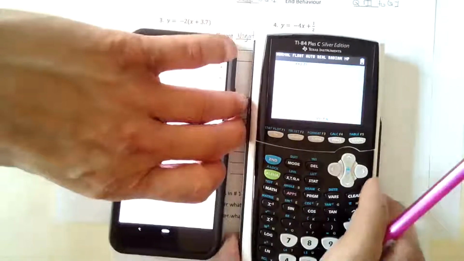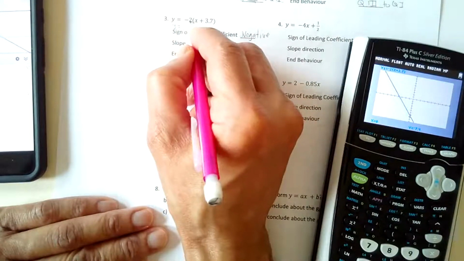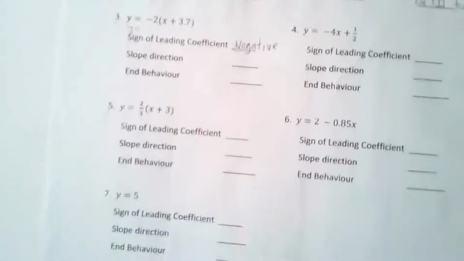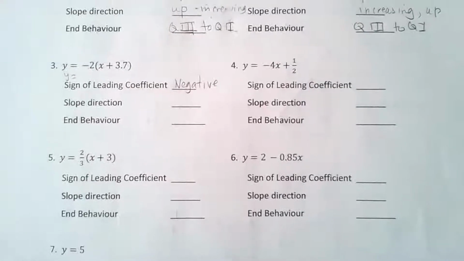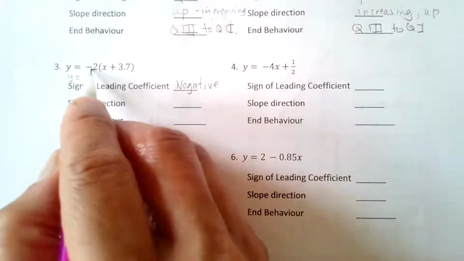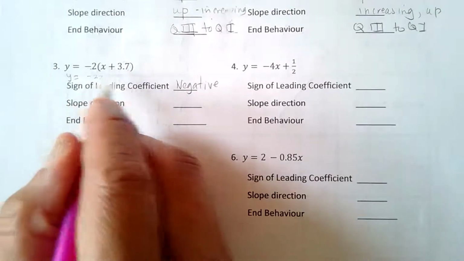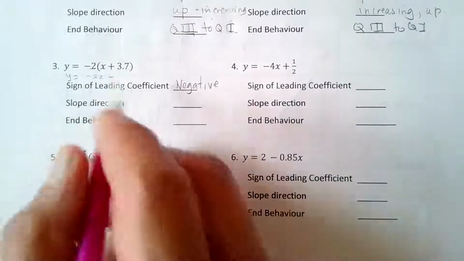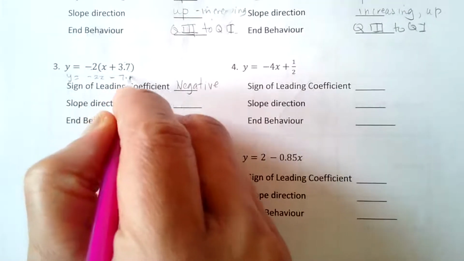So if you were to simplify this, it would be y equals negative 2 times x, which gives me negative 2x. Negative 2 times 3.7 gives me negative 7.4. And that's where the negative 7.4 comes from.